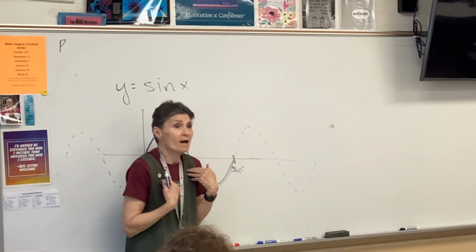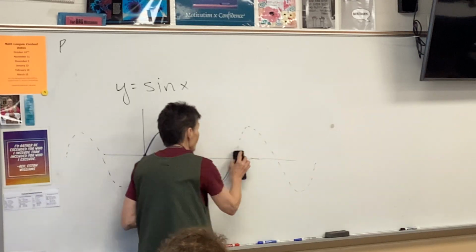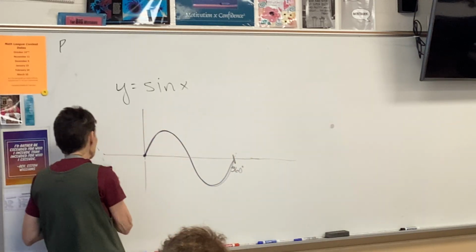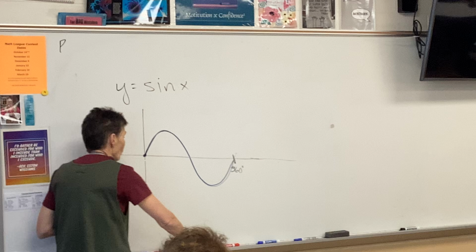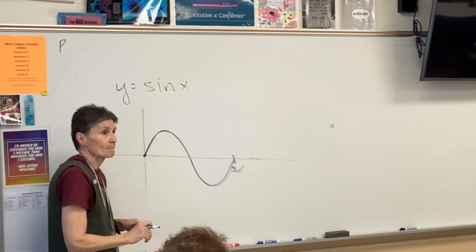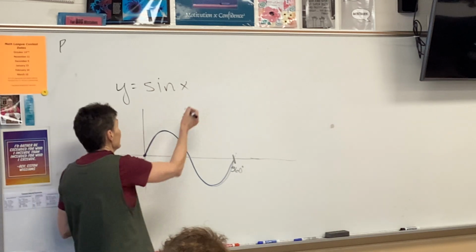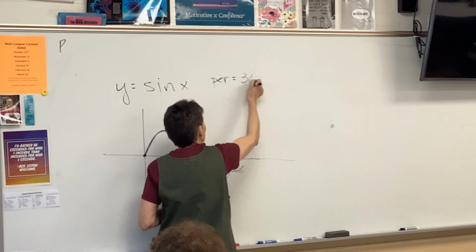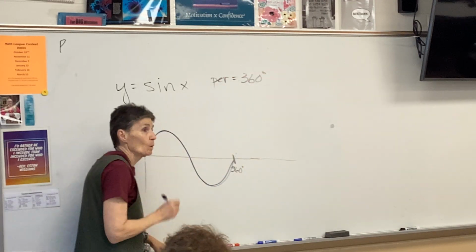So when we draw sines, we are only going to draw one hill and one valley. There's no point in drawing anything extra. And the period of the sine curve is 360 degrees. Once around.